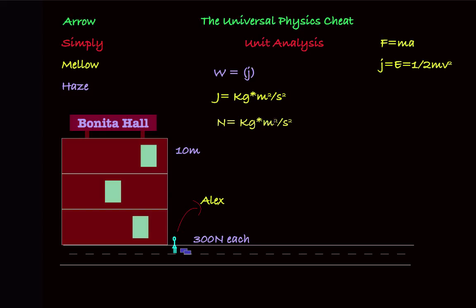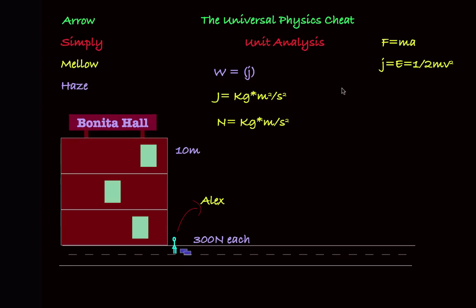So mass, which is kilograms or grams, times acceleration, which is meters per second squared, must be equal to newtons, or be describable in some way in the units of newtons.